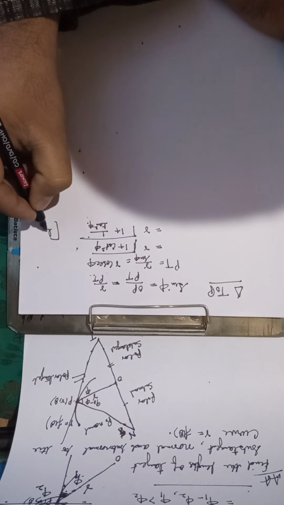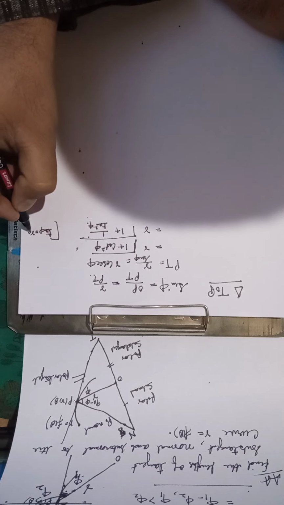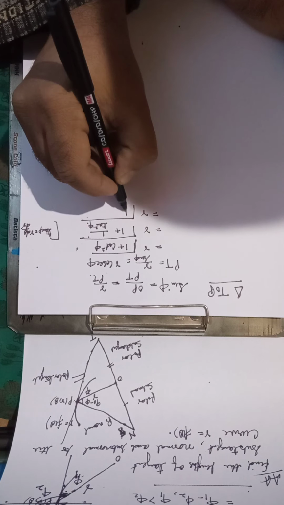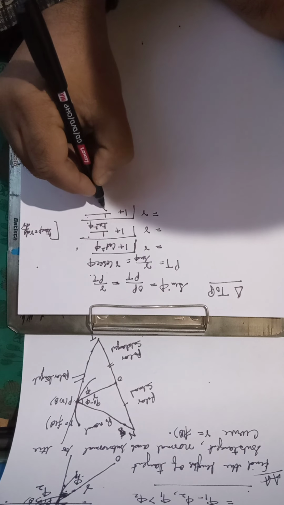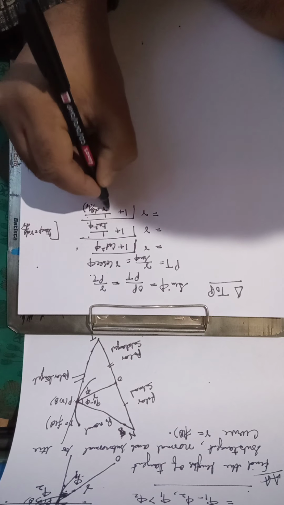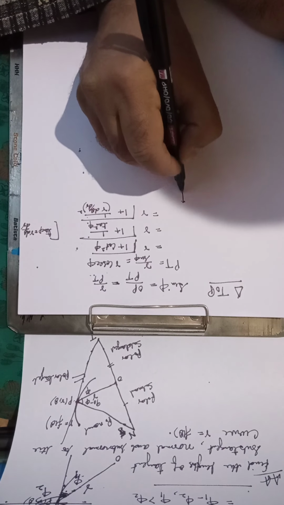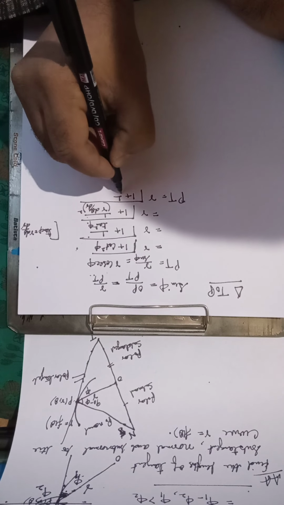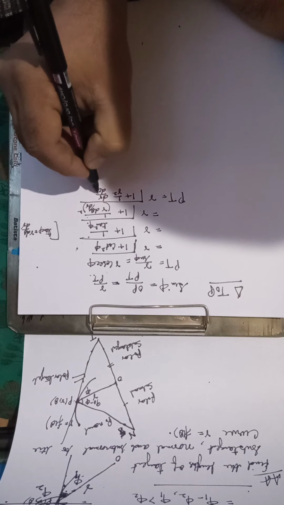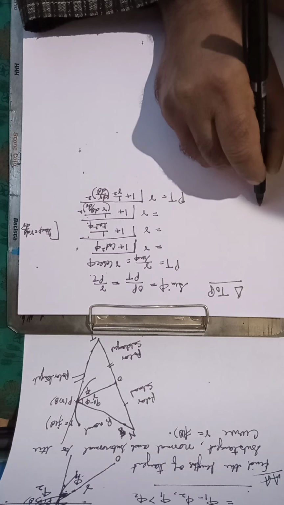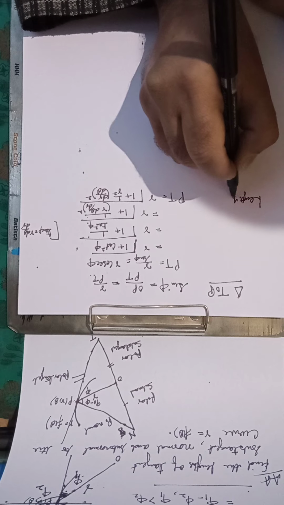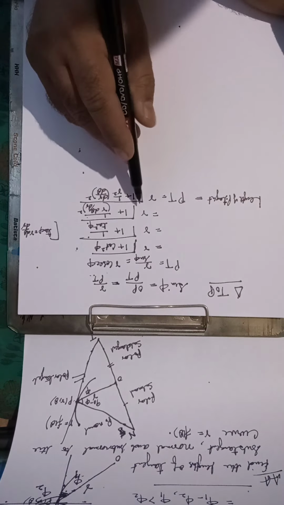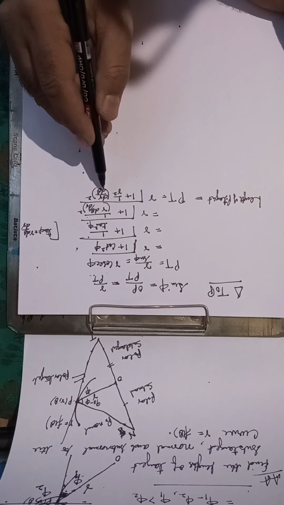But you know tan phi is r d theta by dr. So this is r root of 1 plus 1 upon (r d theta by dr) whole square. So PT is r root of 1 plus 1 by r square (dr by d theta) whole square. So the length of polar tangent PT is r root of 1 plus 1 by r square (dr by d theta) whole square.